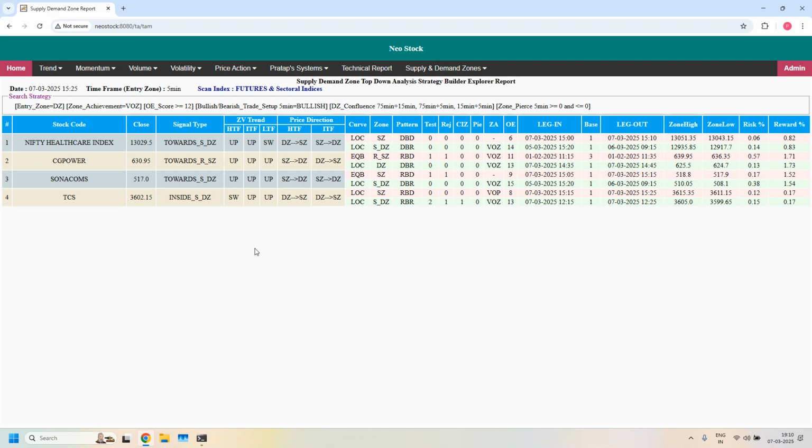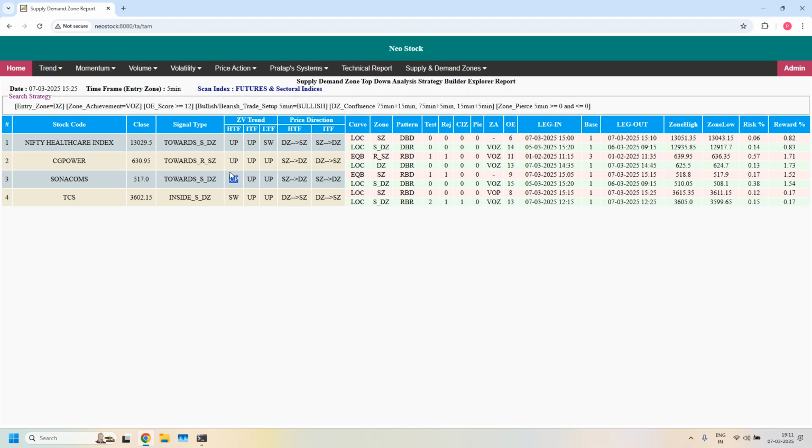That means in these 4 stocks, these 5 minutes demand zones are fine-tuned demand zones in 75 minutes demand zone. That means 5 minutes is overlapped with 15 minutes, both together again overlapped with 75 minutes time frame. And the 75 minutes trend is up in 3 stocks.